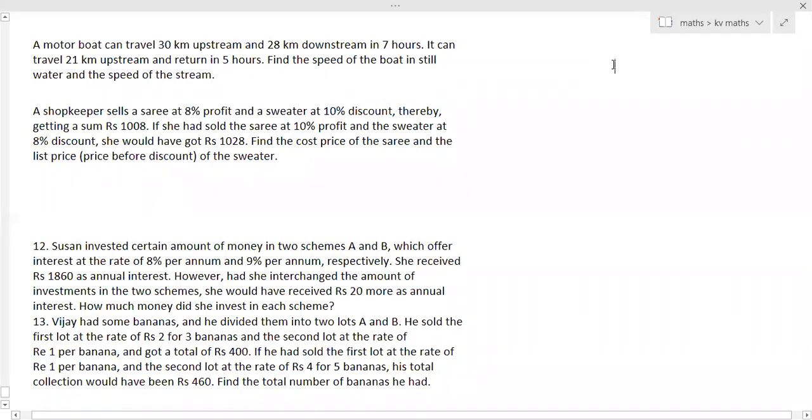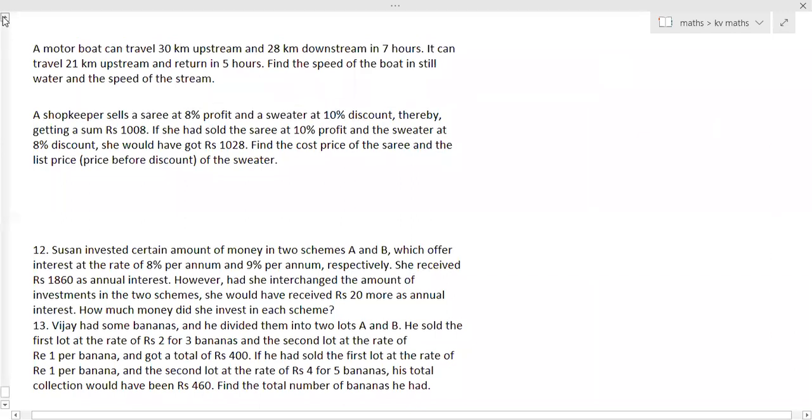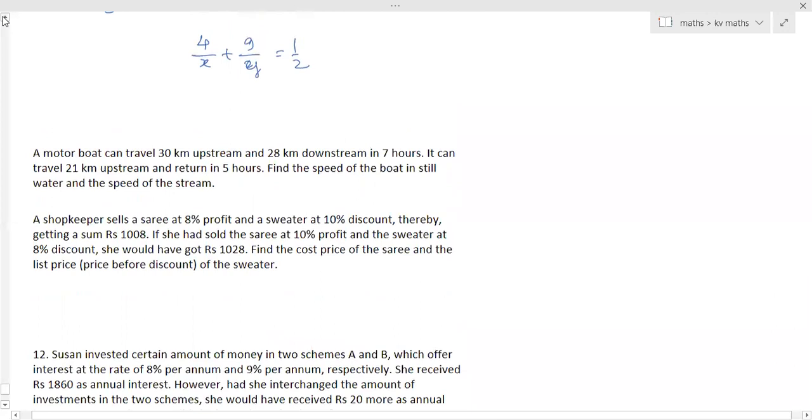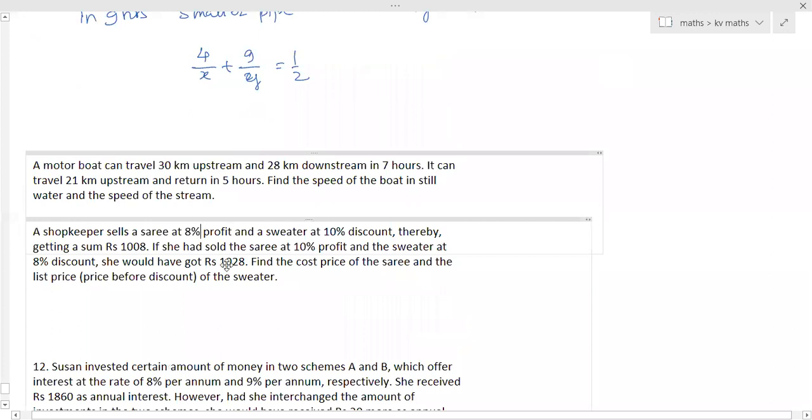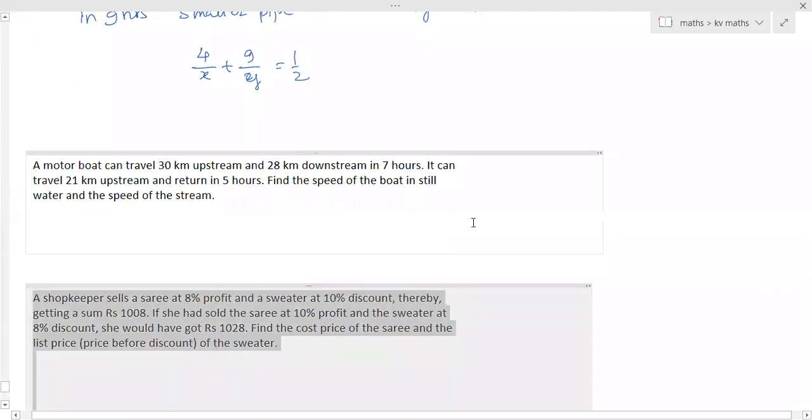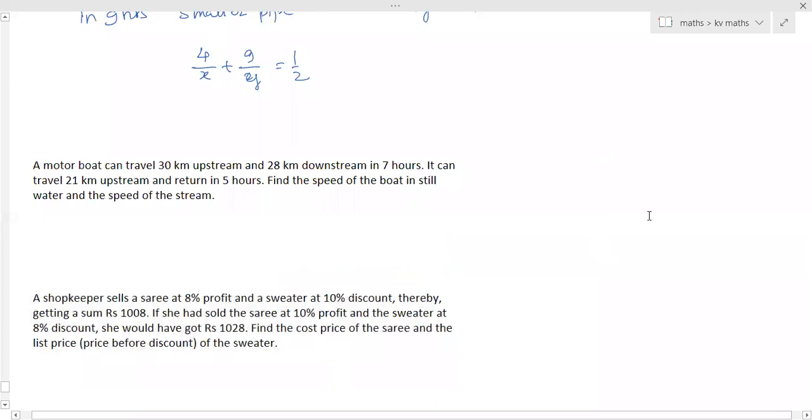Everyone got the earlier answer? The motorboat. Manisha, Jayant, have you got the answer? Yes, ma'am. Akshaya, Janvi, have you got it? Yes, ma'am.